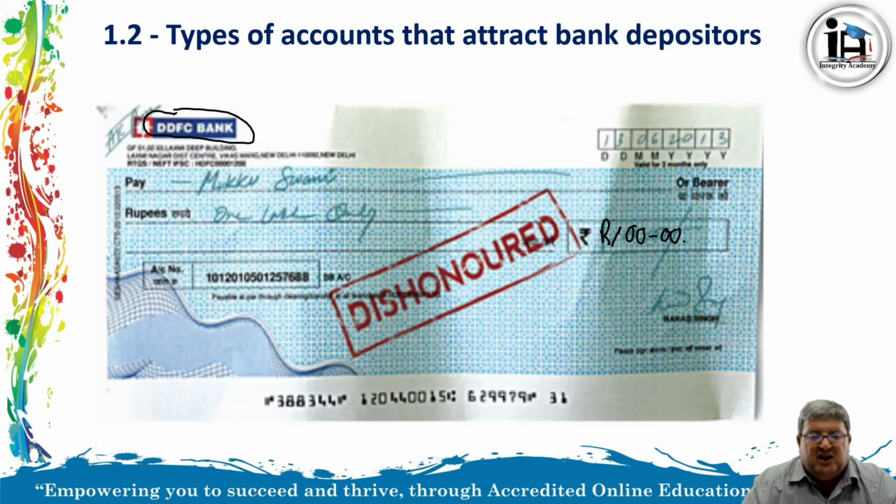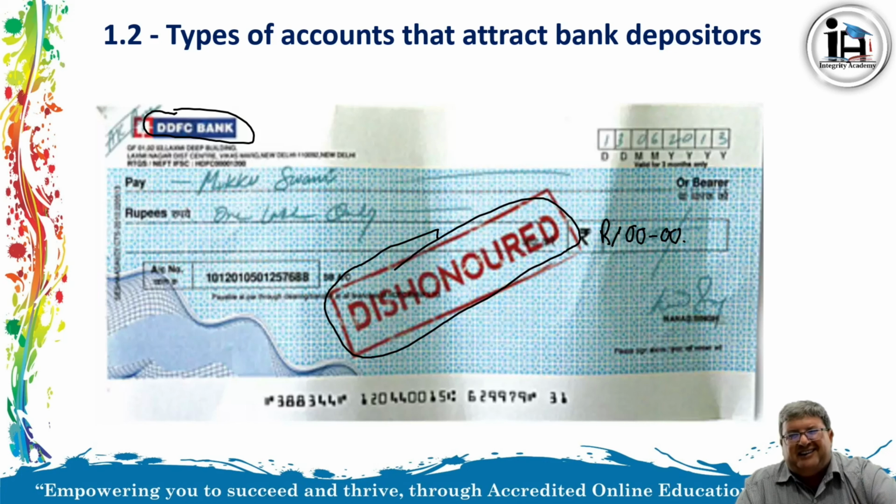But because this check is now dishonored, that is a problem. It means that when they wanted to take the 100 rand out of your account, there was not 100 rand. Maybe there was 99 rand and 99 cents or 10 cents or 1 rand, but there was not 100 rand.